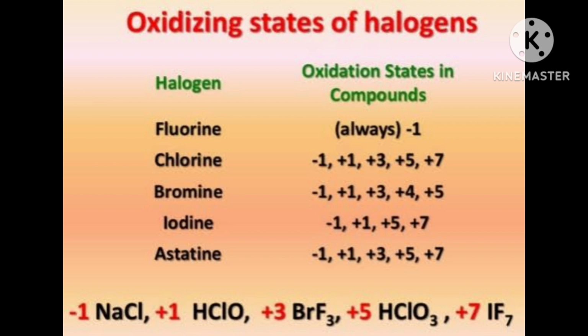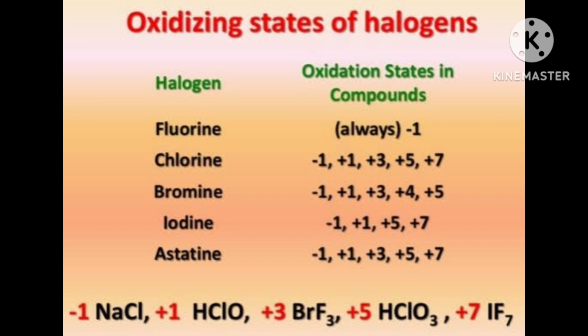Examples: in interhalogens, oxides and oxoacids, there you will find all the things. First, you will get higher oxidation state in interhalogens. Second, you will get it in oxides. And third, in oxoacids. The oxidation states of +4 and +6 occur in oxides and oxoacids of chlorine and bromine. +4 and +6, you will get in oxoacids and in oxides.